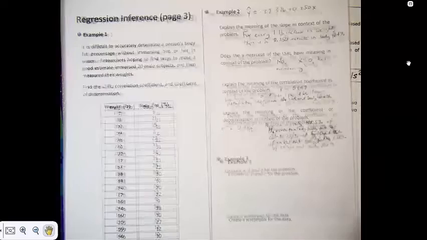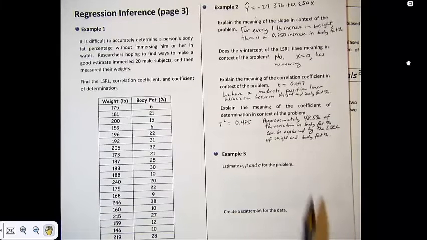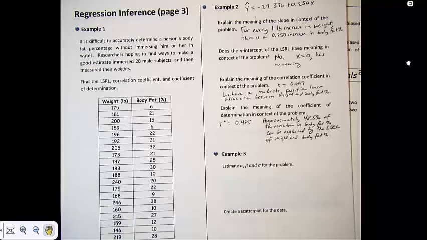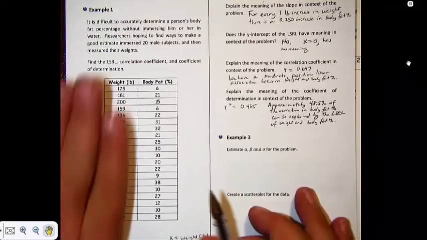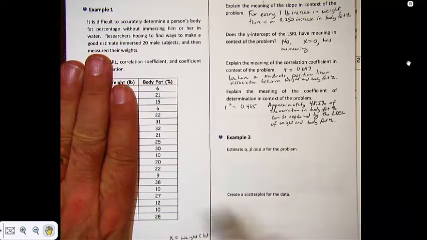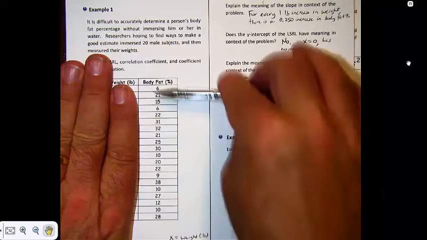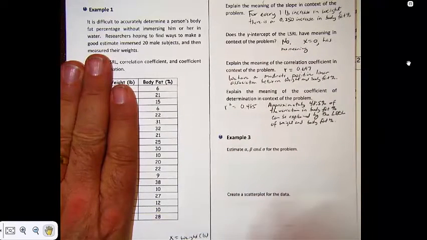In other words, how much was our model improved by going from a 1 variable only model to a 2 variable model? If I go back to my table of values, if we were just trying to predict body fat percentage based on these 20 male subjects, my best guess would have been the average of all these values. So if I had to guess body fat percent for the next individual, my best guess would be the average of all those.